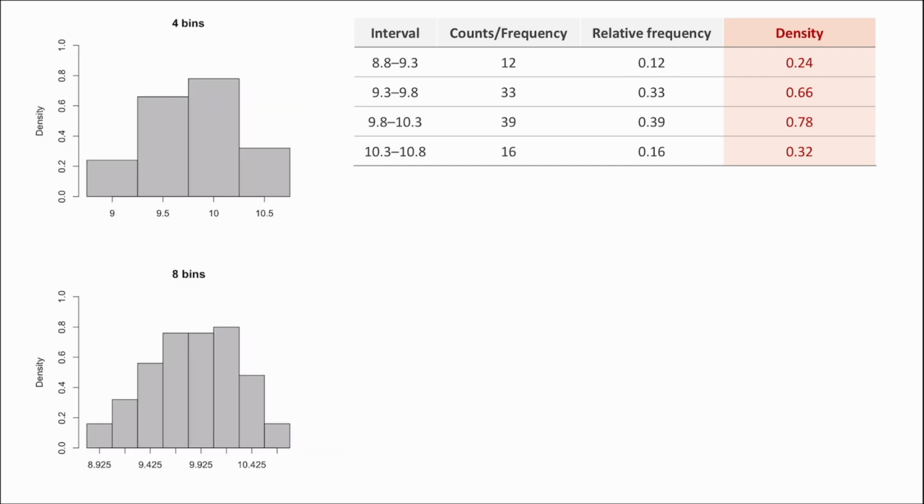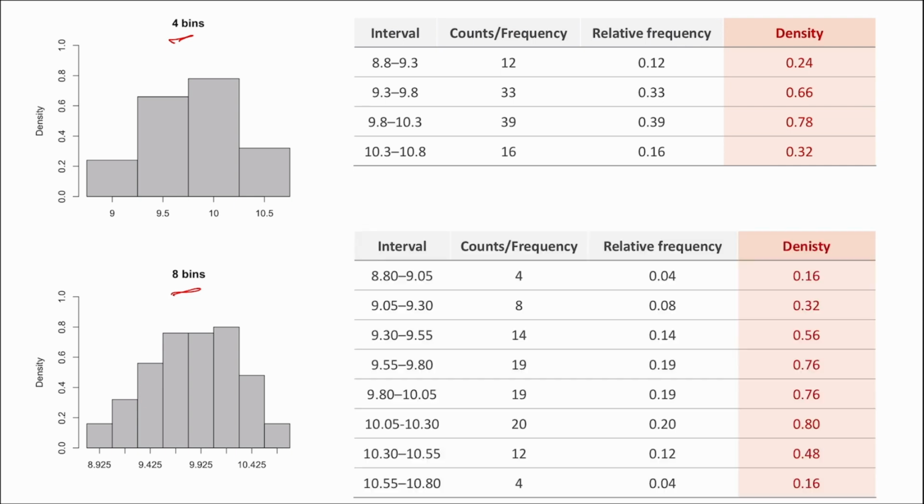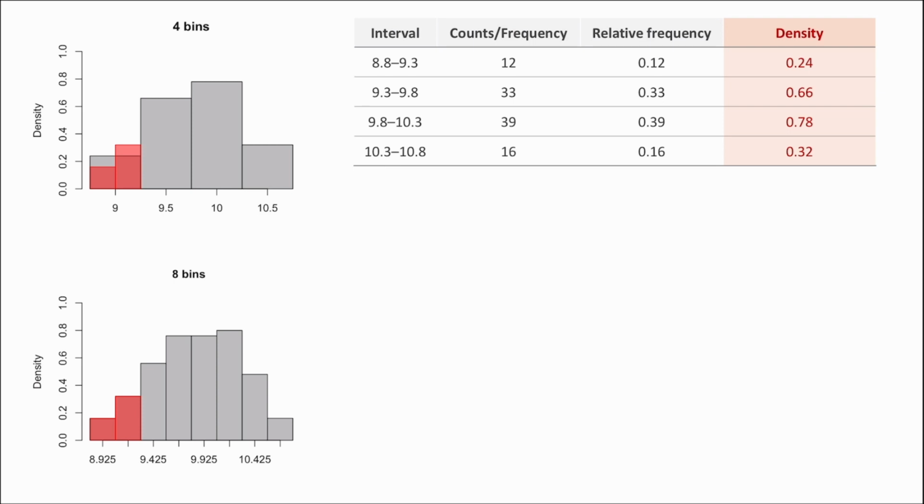Now, if we visualize this as a density distribution, you can see that the overall shape is more or less the same. Of course, we have more details when we use 8 bins compared to 4 bins. But the overall area of this histogram is the same. If you compare these two bars with the original bar, this bar is a little bit higher, this bar is a little bit lower.